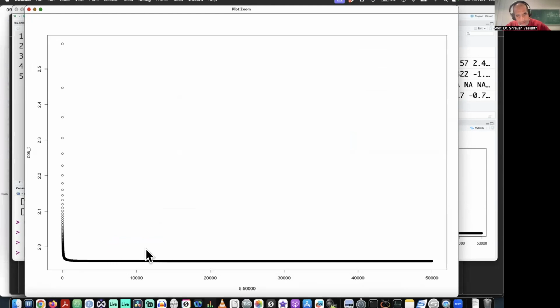But as you increase sample size, these t-values approach 1.96. 1.96 is the quantile for the standard normal distribution, if you remember, right? So 95% of the area under the curve around the mean of 0 in a standard normal.